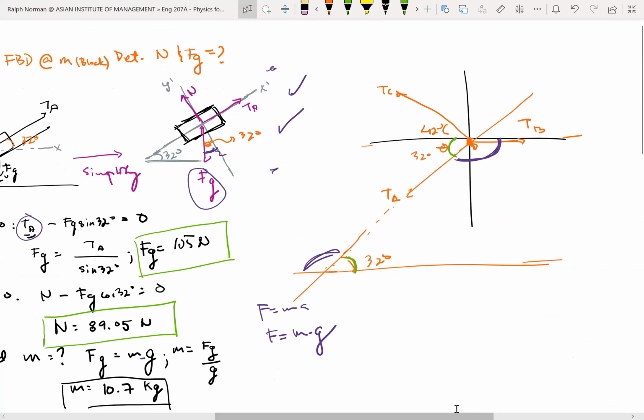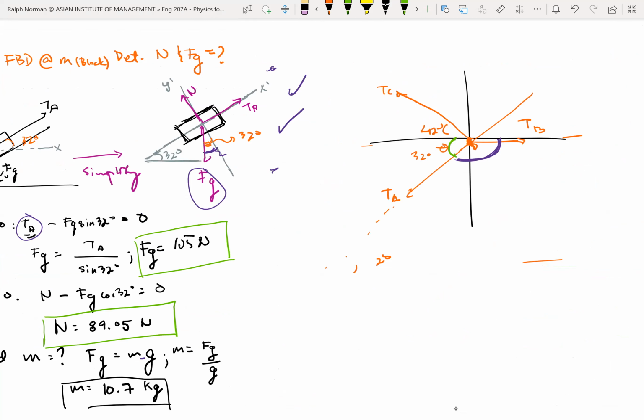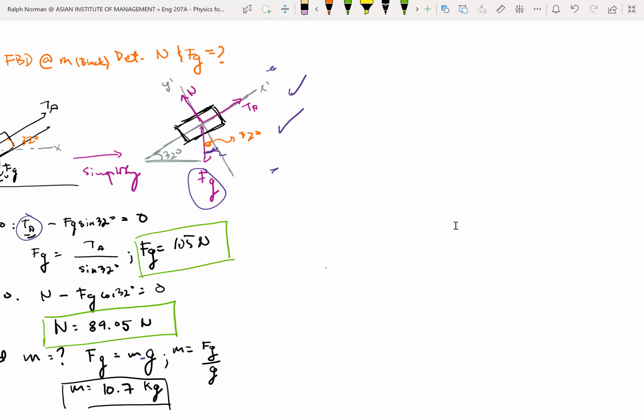Let me just erase yung board. There we go. Just using green so that we can follow through.